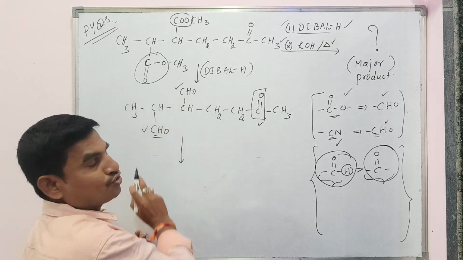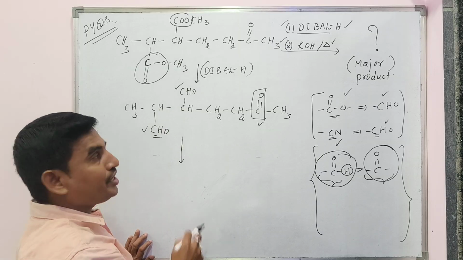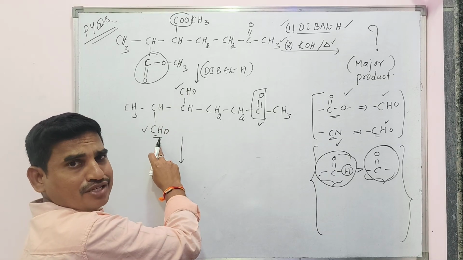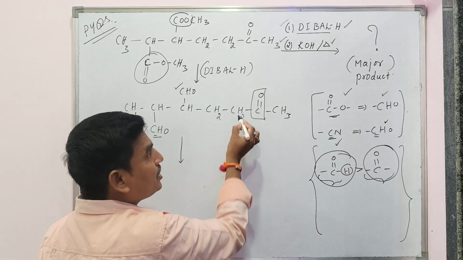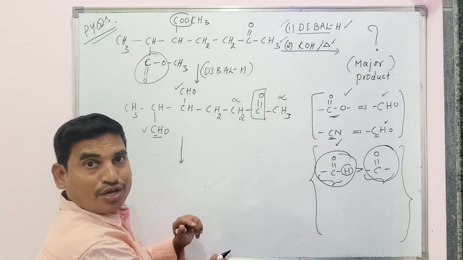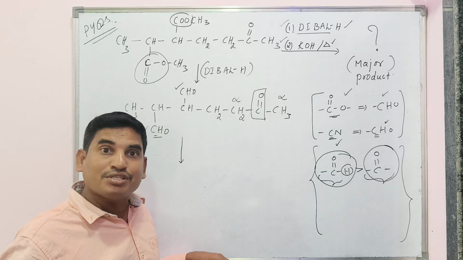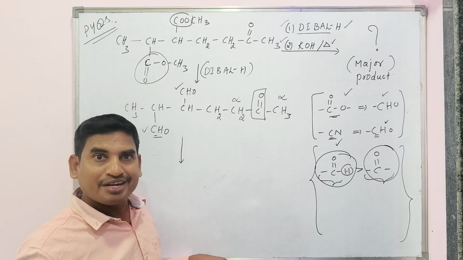Either this group or that group; both act as substrate, where nucleophilic addition or condensation takes place. And there is one more group, the keto group, which has alpha carbons. Among these two alpha carbons, which carbon forms the carbanion, or which alpha hydrogens are involved in the condensation?